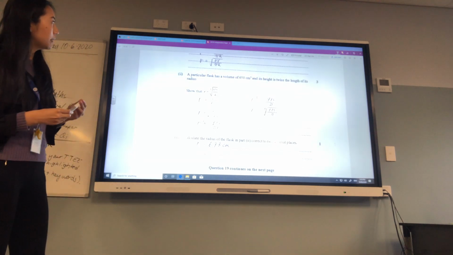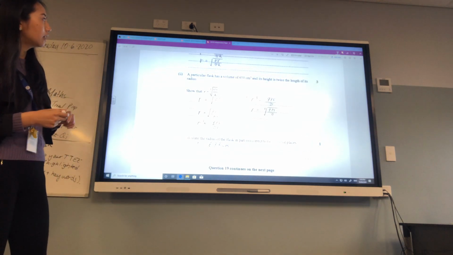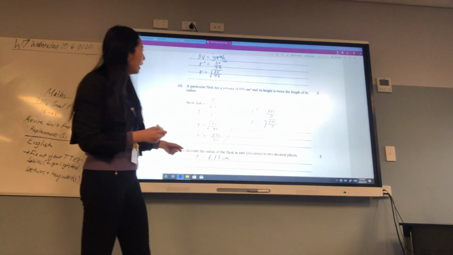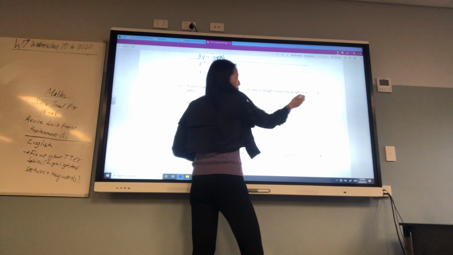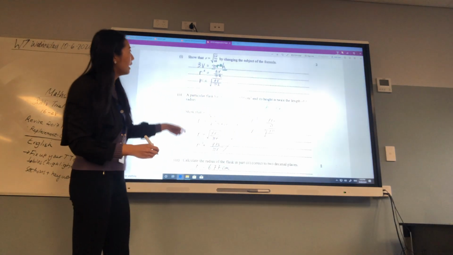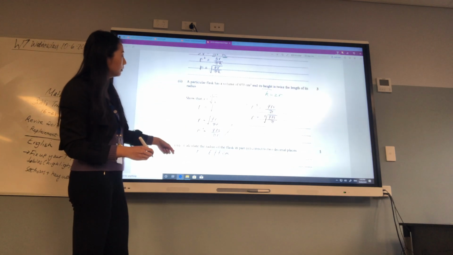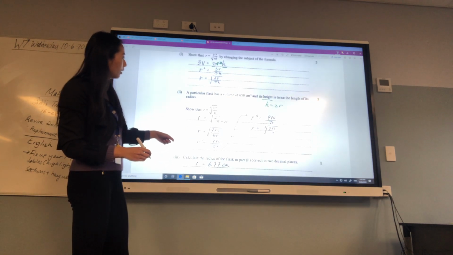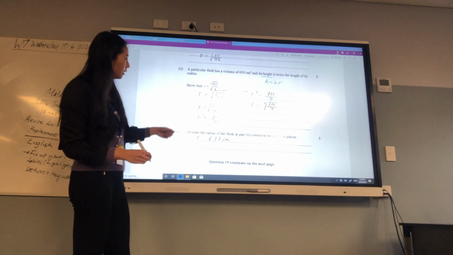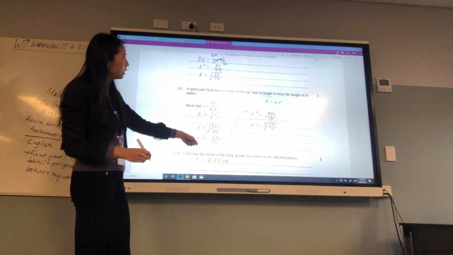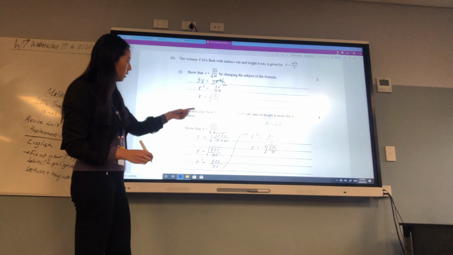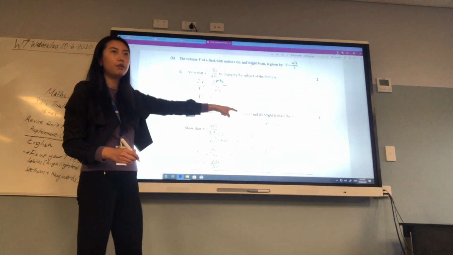And next question, a particular flask has the volume that, you just substitute it into the equation. And it says h is twice the length of the radius, so h equals 2r. You also just put that into the equation. Miss, how did you go from r squared to r cubed? Let me see. In your question, it's 3 times 50 because the volume is 50, right?